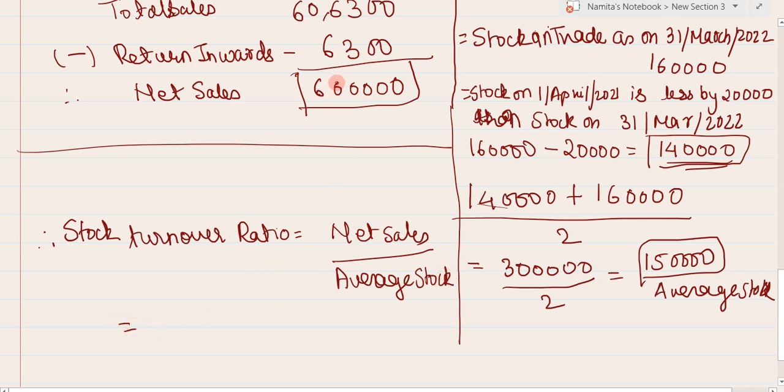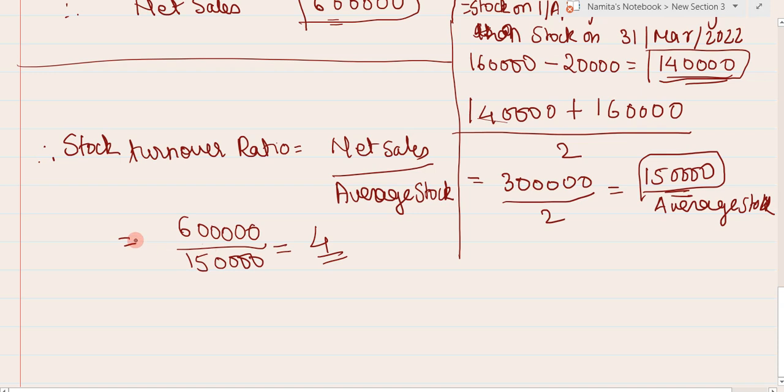Net sales is 6 lakh rupees upon average stock 1,50,000. If we divide this, the answer is 4. So the stock turnover ratio is 4 times.